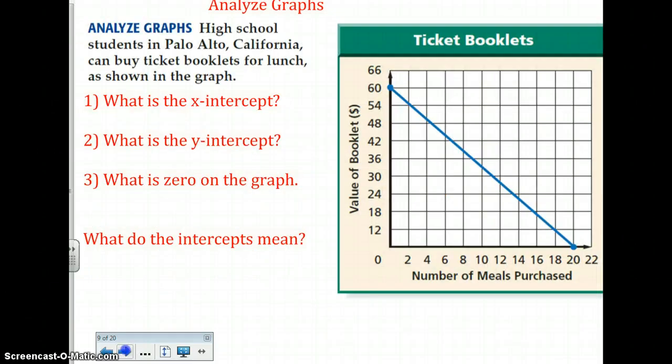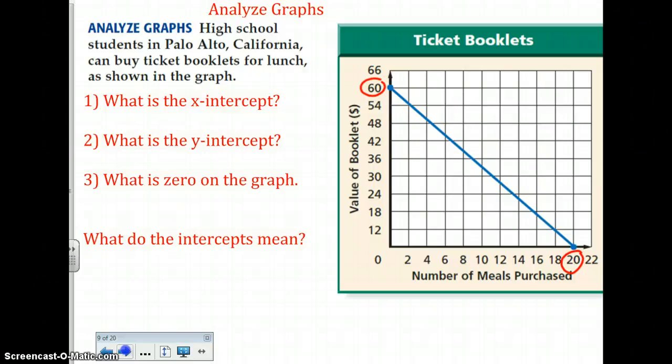Okay, so as we analyze graphs, oftentimes we might look for the x-intercept and the y-intercept, and it's important to determine what those mean. So here we have a situation: the Palo Alto students can buy ticket booklets for lunch. The value of the booklet is $60, and we have 20 meals purchased ahead of time.